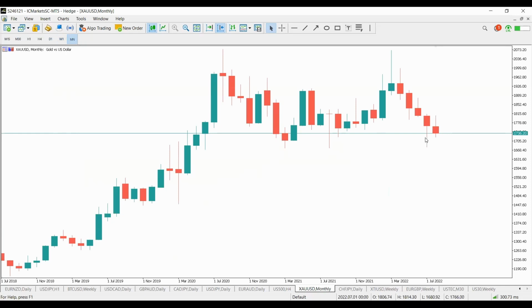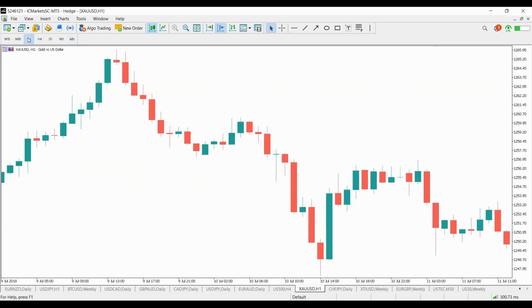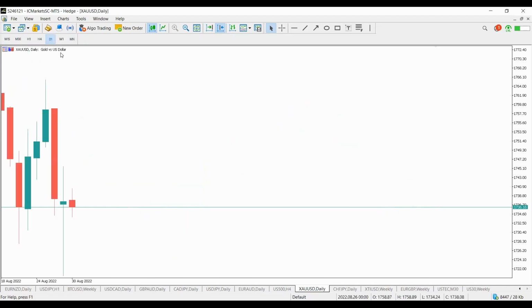So if I'm in monthly here, this represents months. Each candle here represents a month. If I go to daily, each candle represents a day. If I go to weekly, each candle represents a week. If I go to H1, each candle represents an hour. If I go to H4, remember we said H stands for hour, M stands for minutes. So if I go to H4, each candle represents 4 hours, meaning after every 4 hours, a new candle will be created. Now let's go to daily.